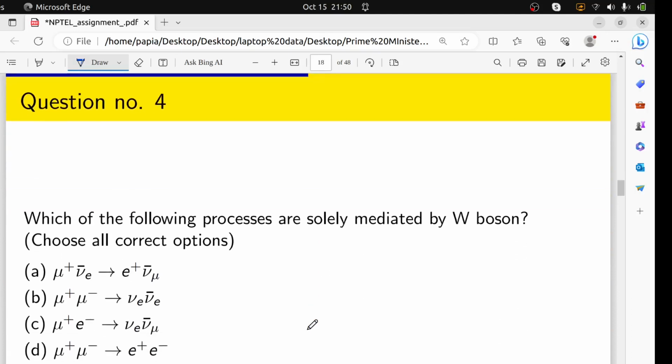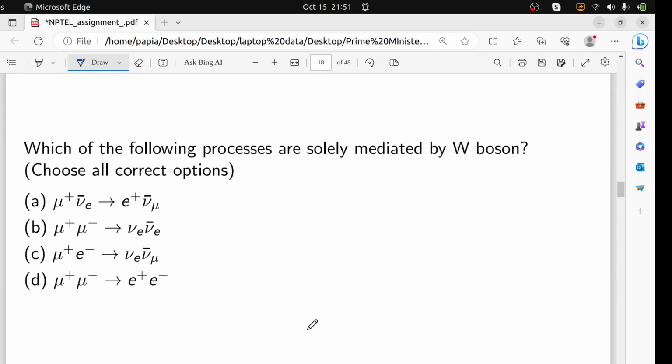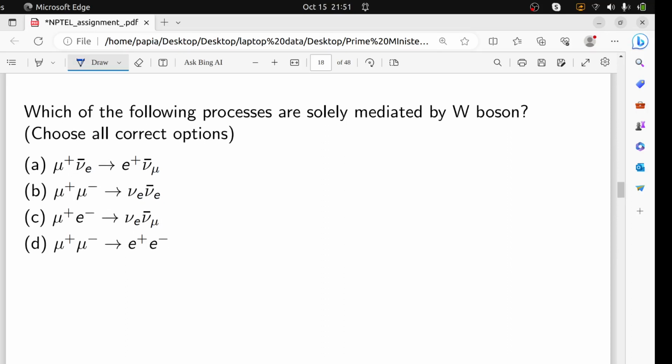Okay, so next question. Question number 4. Which of the following processes are solely mediated by W boson? Choose all correct options. And there are 4 options. So we have to check which one is the correct one. Mu plus nu E bar going to E plus nu mu bar.